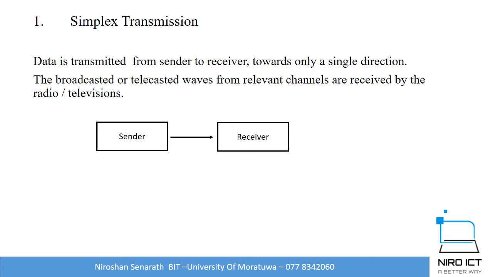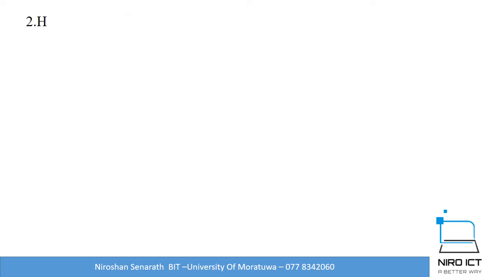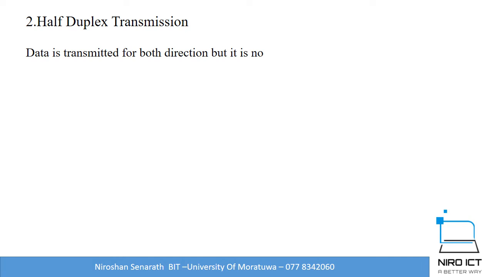Here, it is important to remember that in simplex we can transmit in only one direction. We cannot communicate in both directions. But let's see what half duplex data transmission is. I taught you previously that when we use simplex data transmission, we can transmit data in one direction and we cannot transmit data in the other direction.